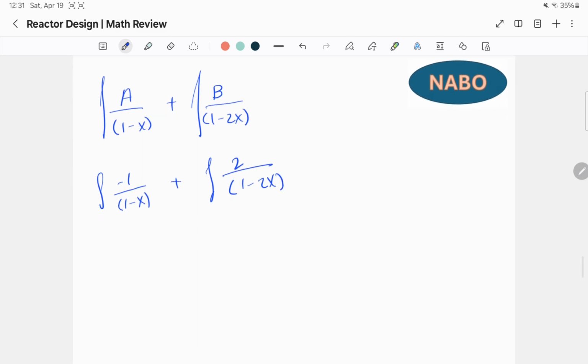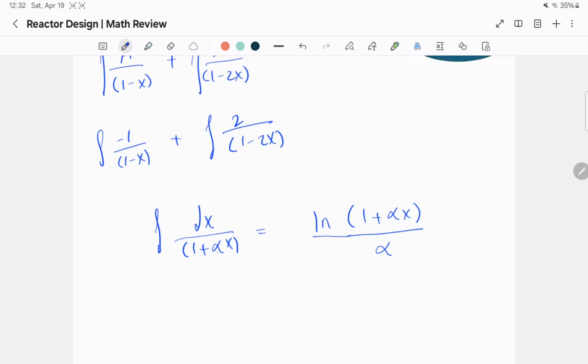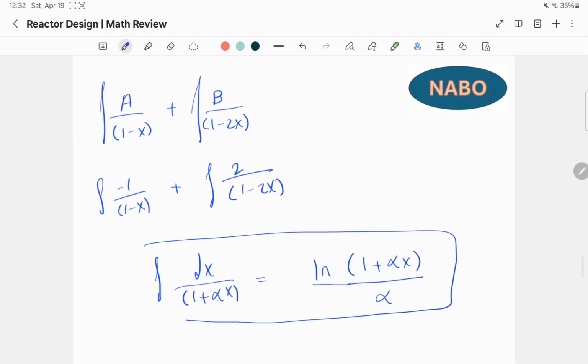Now the rule for this type of function is the integral of dx over 1 plus alpha x will equal ln of 1 plus alpha x over alpha. Okay, so we'll use this rule to solve each term separately.